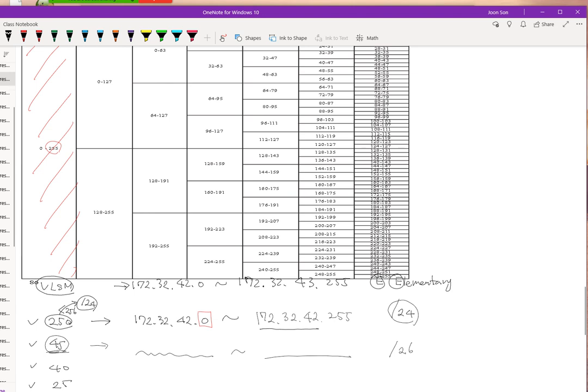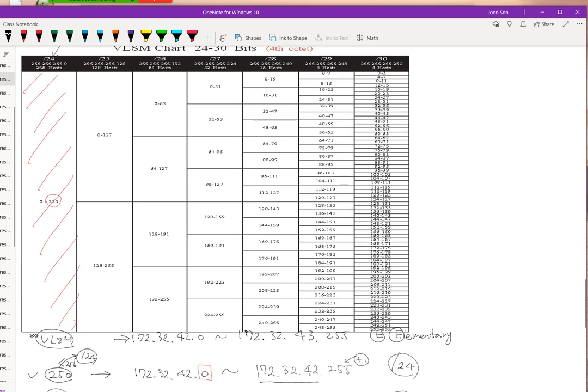The network address, because when you add 1 to this, you will have 172.32.43.0, right? And then you have to apply /26, right? So if you apply 26, that means this one, right?